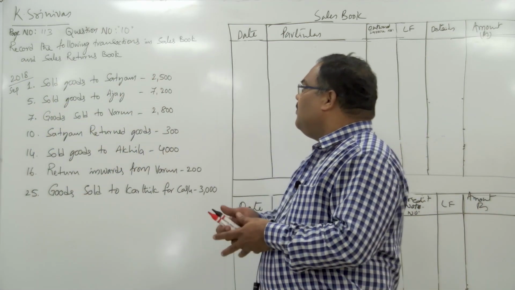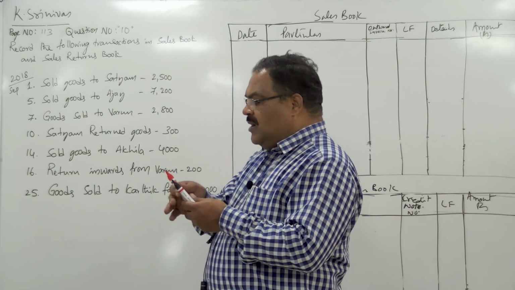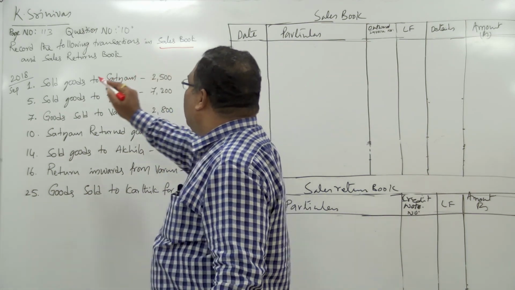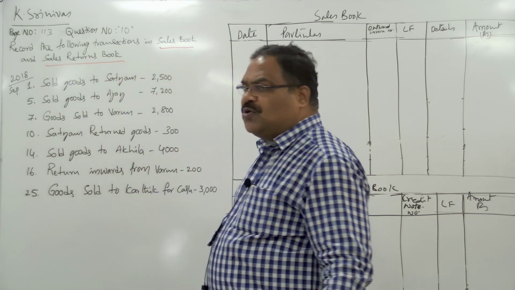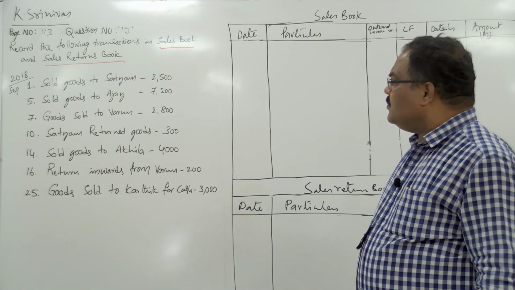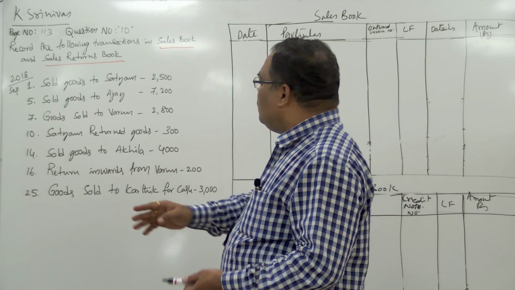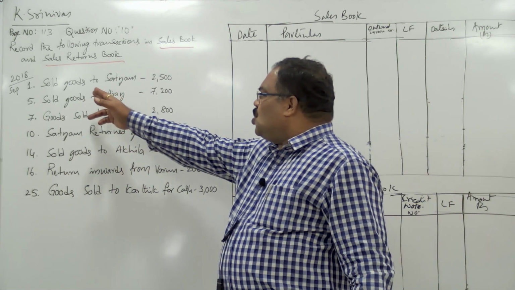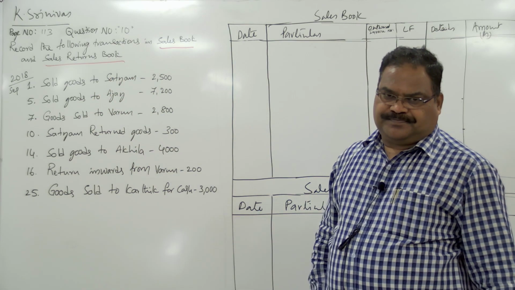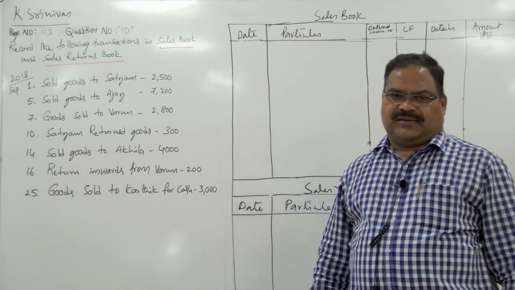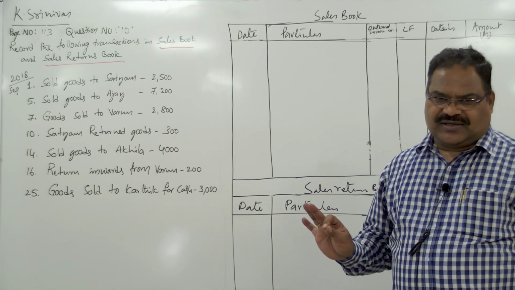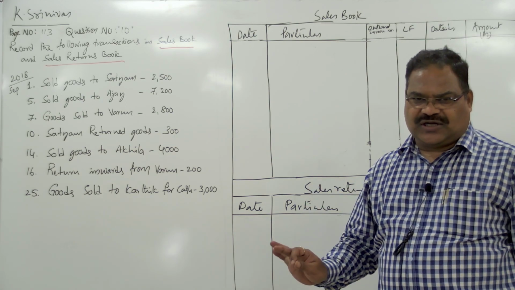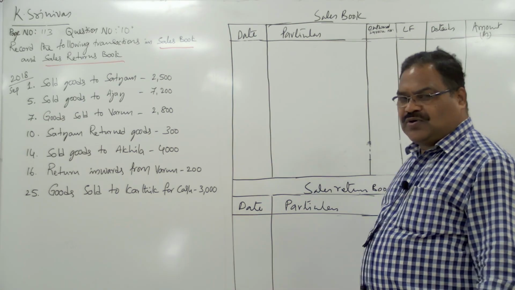Now the transaction is here. From the given problem, we have to prepare the sales book and sales returns book. The first transaction is: sold goods to Satyam. We want credit sales; credit sale of goods we take into the sales book.